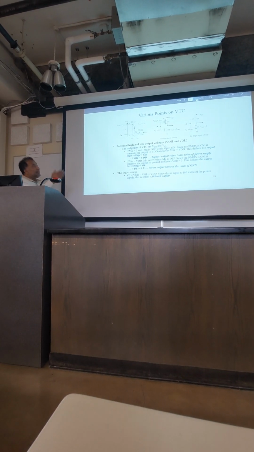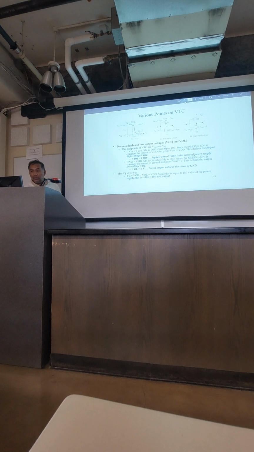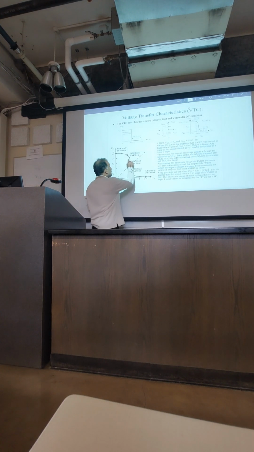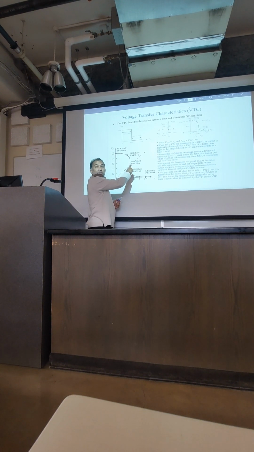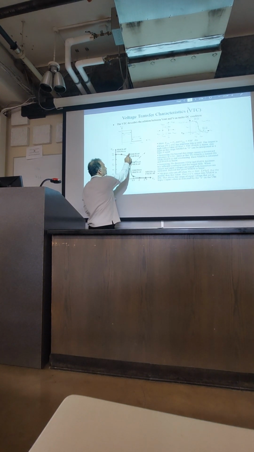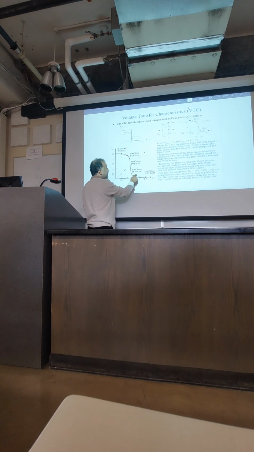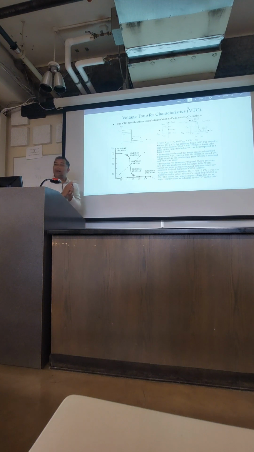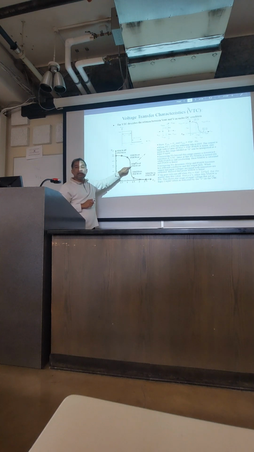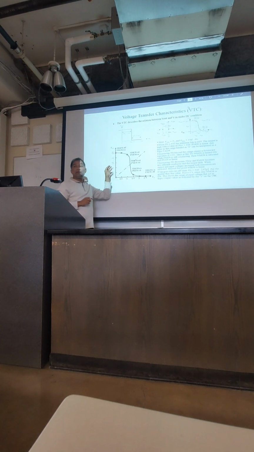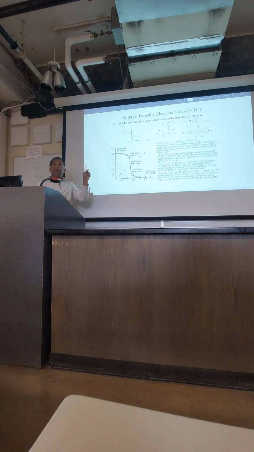During the transition, the midpoint of this voltage transfer characteristics is when both transistors enter into the saturation region. Before that, NMOS is in saturation, PMOS is linear. After that, NMOS is linear, PMOS is saturation. At this point, both are in saturation. This is called the switching threshold voltage of an inverter or logic gate. We have to make a difference.